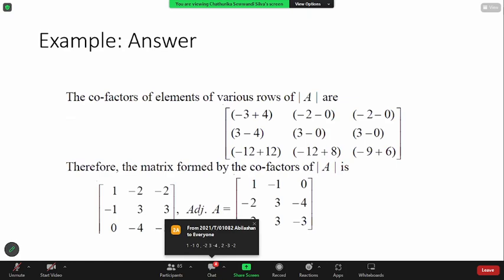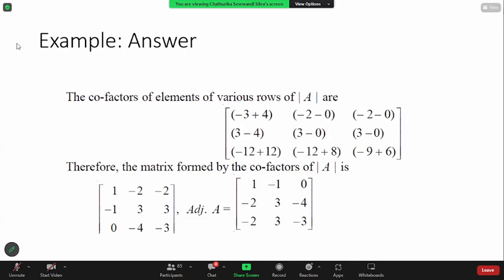Okay, we'll see. So this is the answer. Most of you have obtained a solution, but in almost all the answers there are problems with the pluses and minuses, the signs, and there are some problems with the elements. Anyway, this is the answer I got.